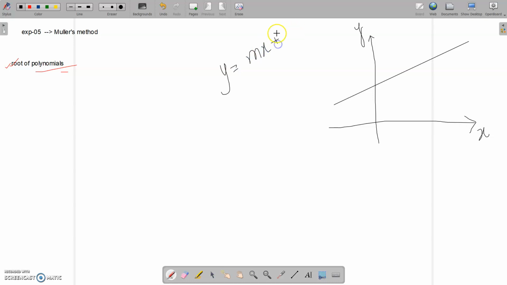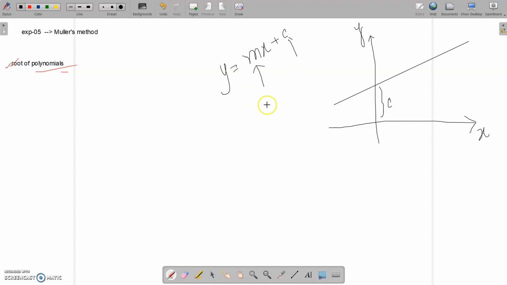This means a straight line has two parameters. One is m, the slope, and c is the portion crossing the y-axis, and m is the slope, that is tan theta.